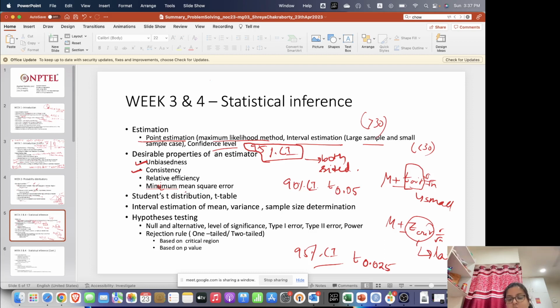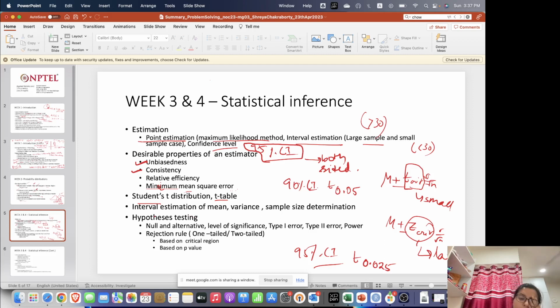We also saw that this is achieved for an OLS estimate. To get to the estimate, we use the principle that the mean squared error should be as low as possible. Also, we talked about the student's T distribution, how it is obtained, and about the T table.